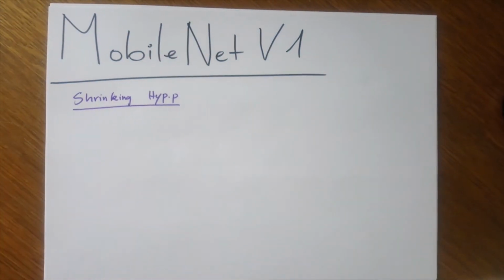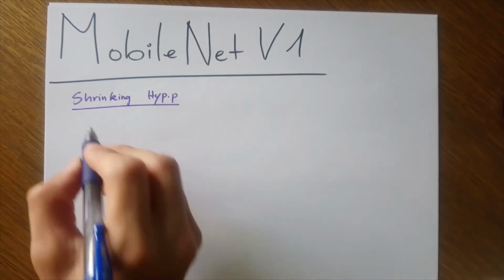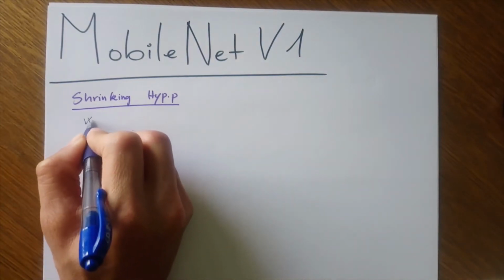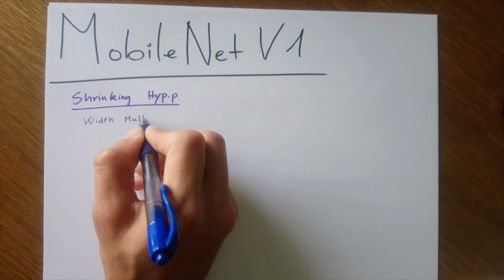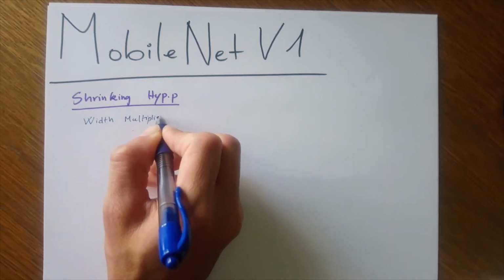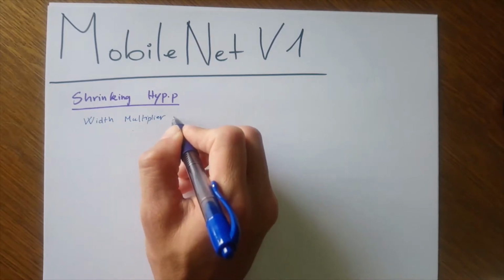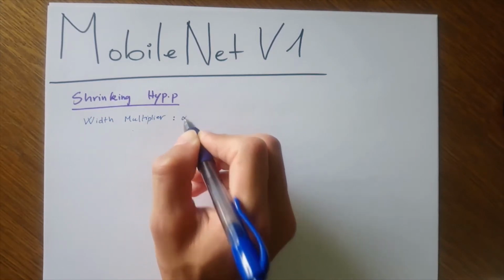So the first is called the width multiplier. And it's denoted in the original paper as alpha.